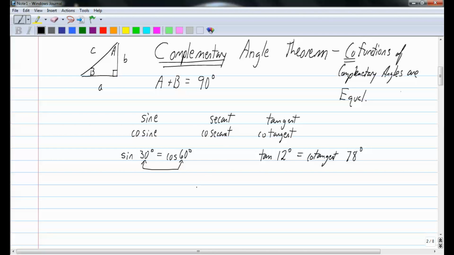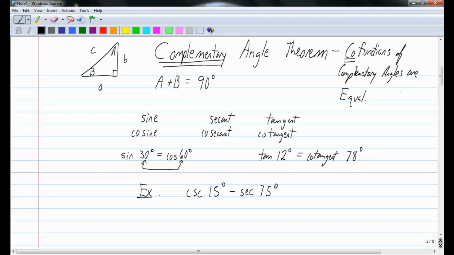Well, you could use that to change one trig function, one cofunction, into its other cofunction. For example, what if I had the cosecant of 15 degrees minus the secant of 75 degrees.